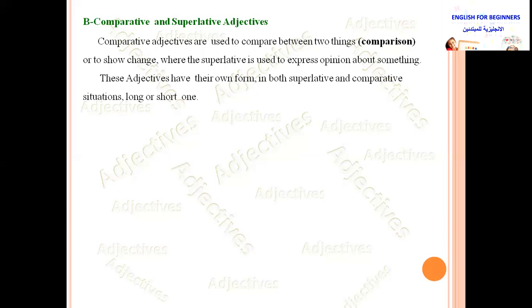These adjectives have their own form in both superlative and comparative situations, long or short ones. So in both of them we have a long adjective and a short adjective.